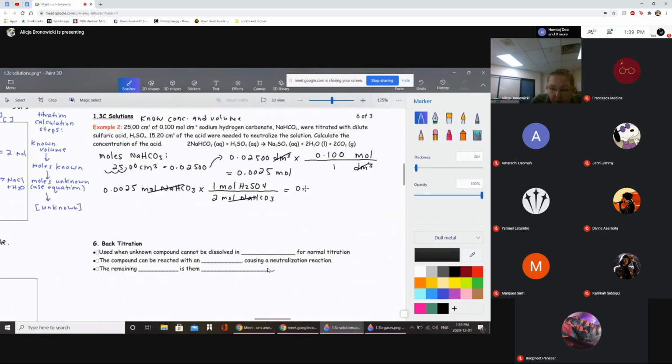Equals 0.00125 moles H2SO4. Okay, so that's how many moles of H2SO4 has been neutralized.